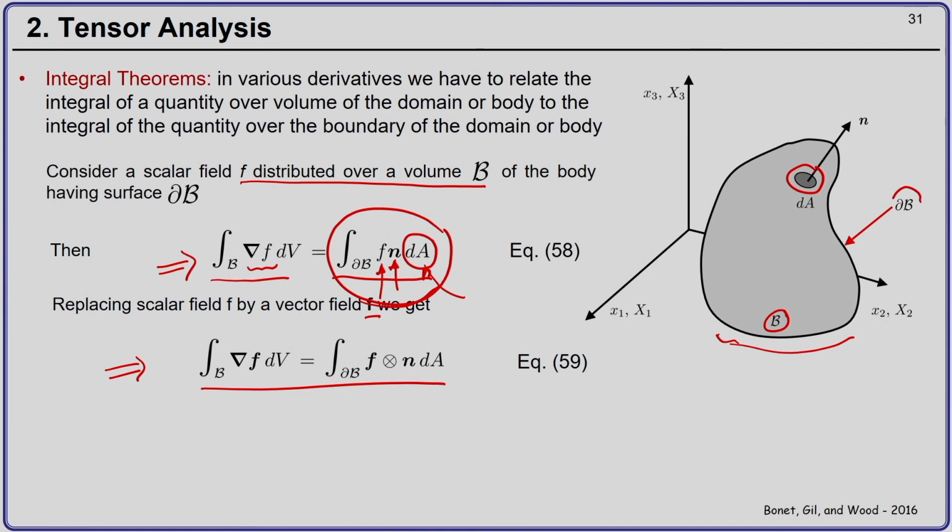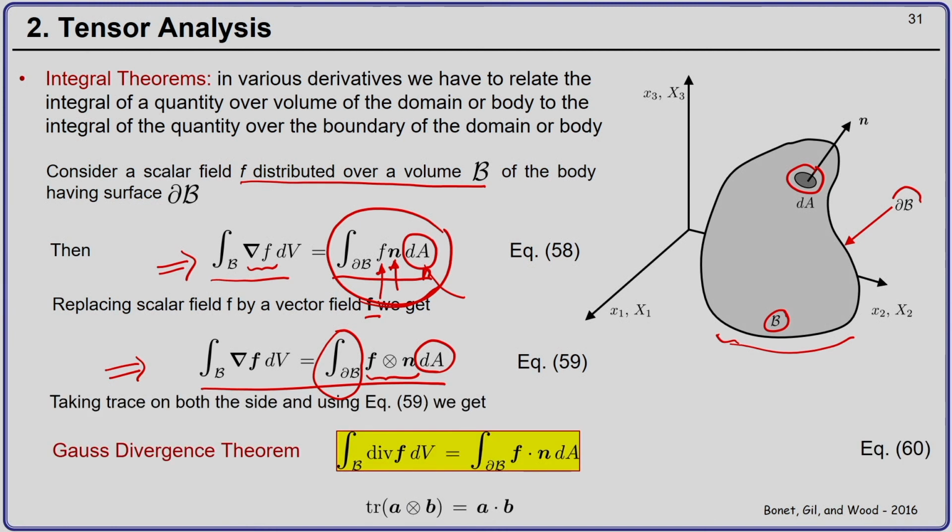So, the gradient of a vector field integrated over the entire volume of the body will be equal to the vector field tensor product normal to the infinitesimal area dA integrated over the entire area which is bounding this volume B. Now, if you take the trace on both the sides, what do you get?